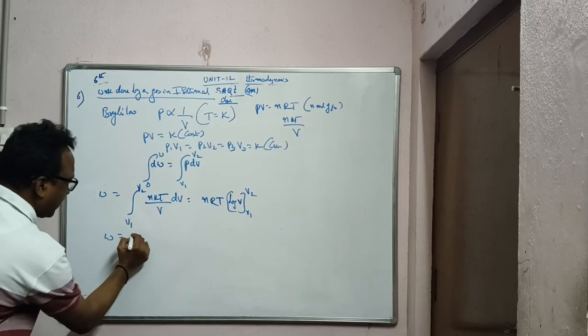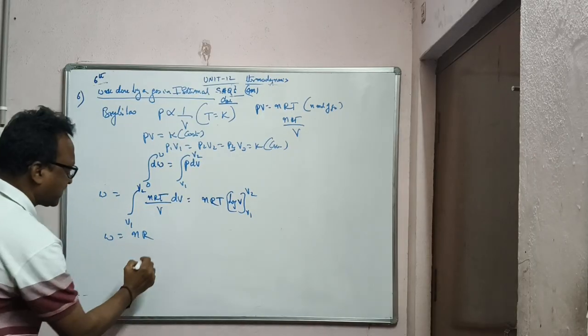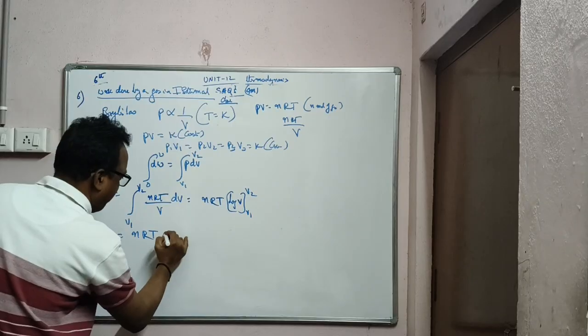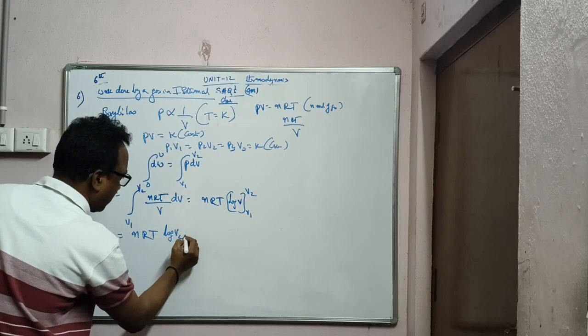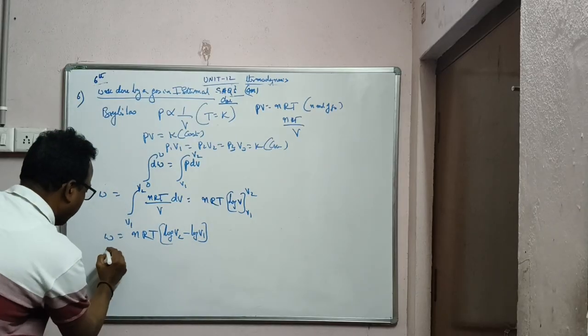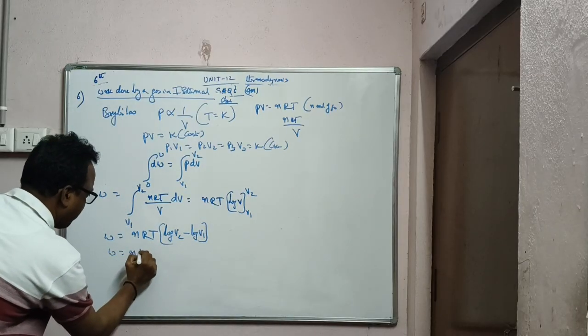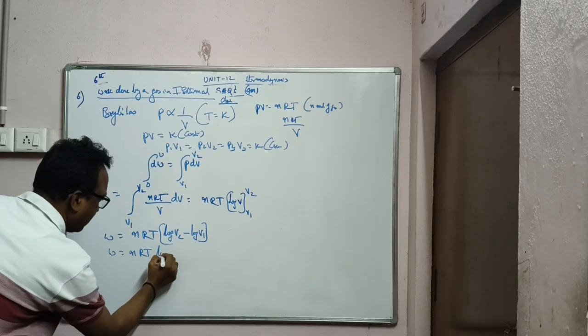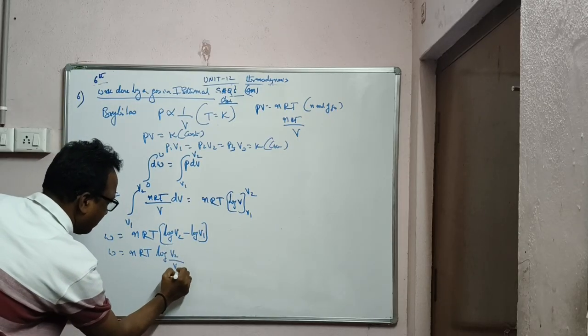Therefore work done is nRT times upper limit minus lower limit, that is log V2 minus log V1. This is nothing but W = nRT log(V2/V1).